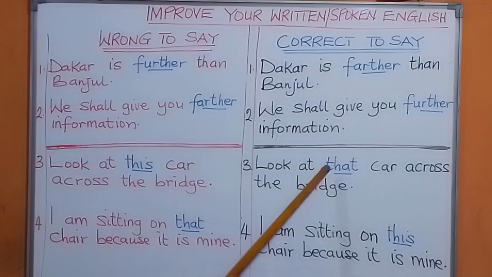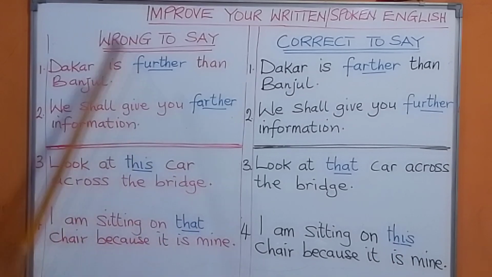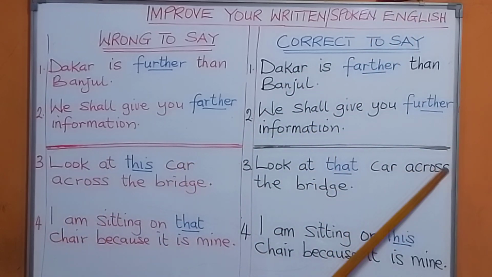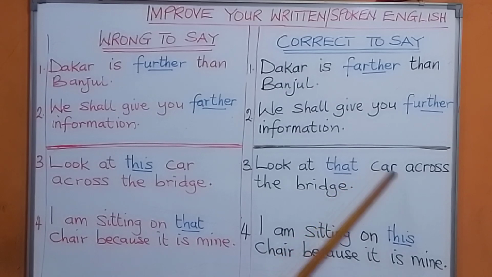So we say that is used for something distant. And this, you can only use when the object is touched. Therefore, it is wrong to say, look at this car across the bridge. The correct way to say that is, look at that car across the bridge.